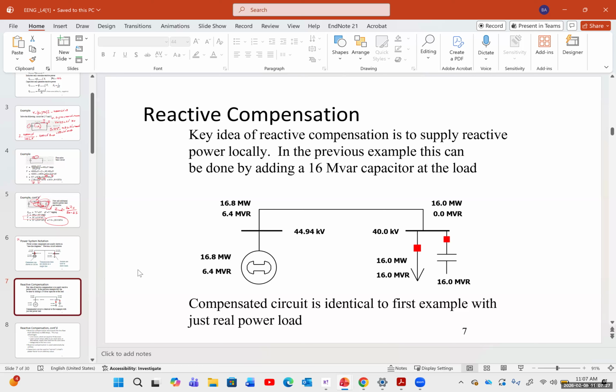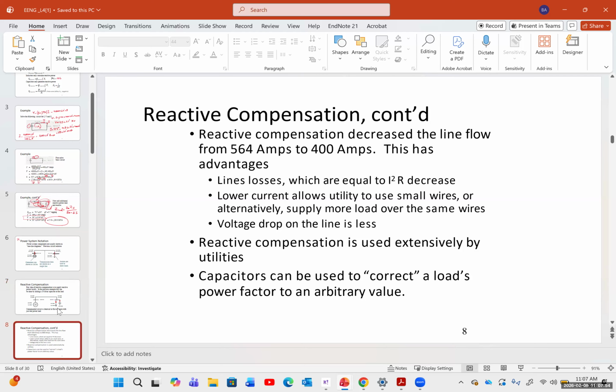The key idea of reactive compensation is to supply reactive power locally. In the previous example, this can be done by adding a 16 megavolt amp reactive capacitor at the load, to compensate for the reactive power we have in the load. The compensated circuit is identical to the first example with just a real power load.